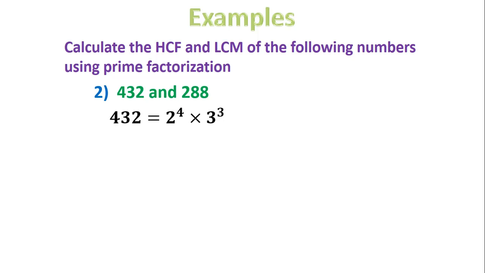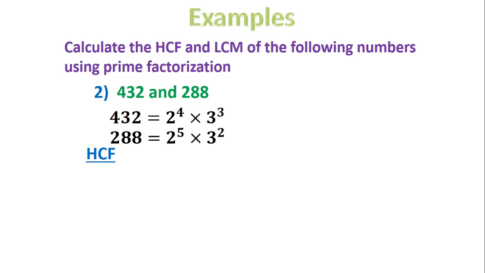So we put it in our calculator and we get 2 to the power of 4 times 3 to the power of 3. Then we take our second number, 288, we put that in our calculator and we get 2 to the power of 5 times 3 to the power of 2. If you're not sure how to do it on your calculator, rewind a bit and just go through it.